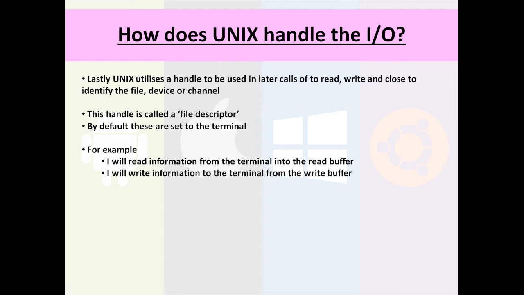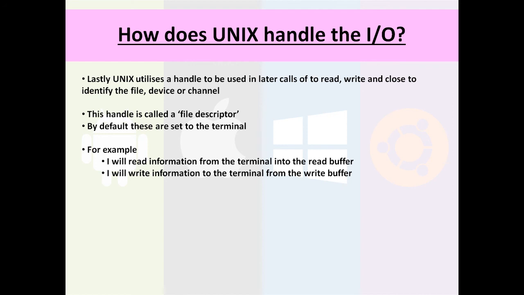It identifies which device or channel that information should go to, and by default, this is the terminal. So for example, I will read information from the terminal into a read buffer, and I will write information to the terminal from the write buffer.